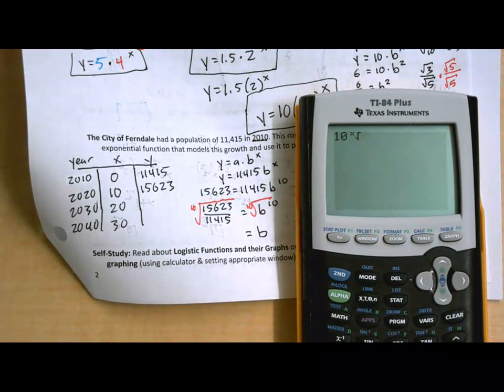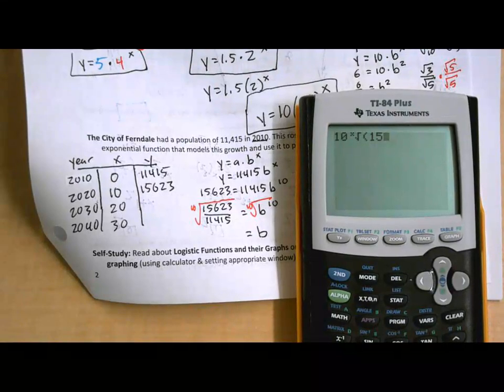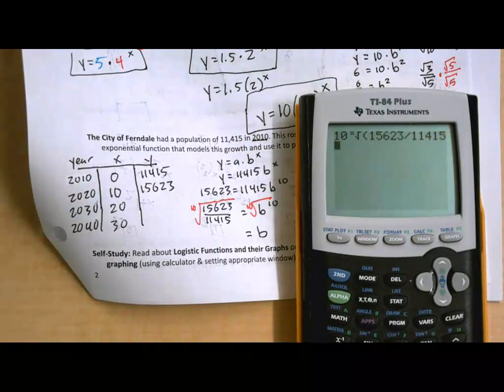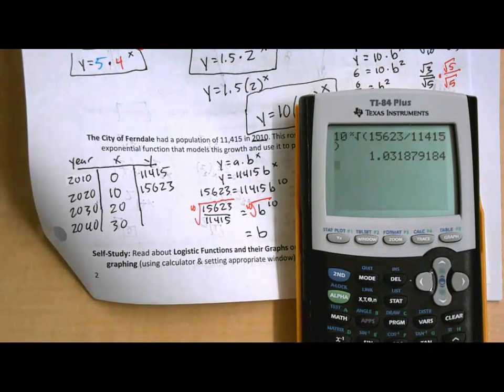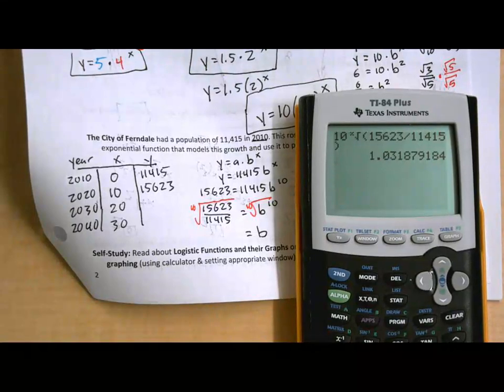Some of yours are going to tuck that little 10 up inside of the root. That's fine. When you do this, you need a parenthesis to tell the calculator that we want to keep the 15,623 together with the 11,415. You should be coming up with a value about 1.03. If we go 4 decimals, it'd be about 1.0319.